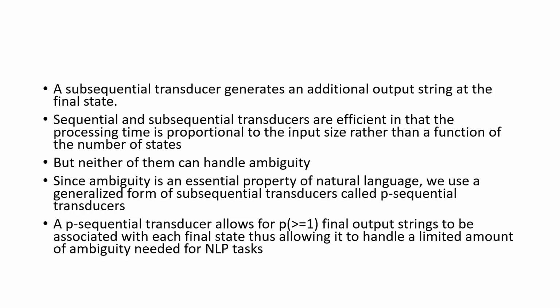So we said a subsequential transducer generates an additional output string, and a p-sequential transducer is capable of generating p number of final output strings. Okay, so there is a certain amount of non-determinism there, and that can be used for handling ambiguity.